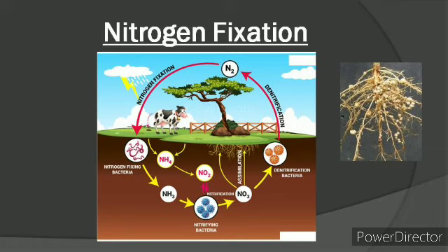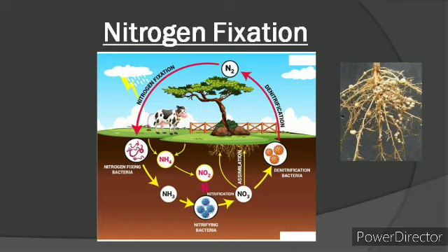Then when plants are grown in that soil, the plants soak up the nitrogen via water into the plants or trees. The animals eat them. Many animals excrete or urinate them.